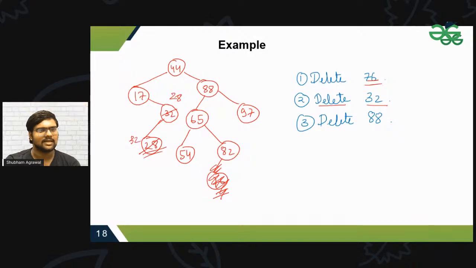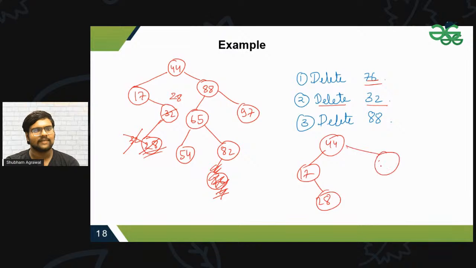After these two operations, our tree will look like this: 17, and here 28, and here 88, 65, 97, 54, and then 82. Now if I want to delete 88, 88 has two children, 65 and 97.